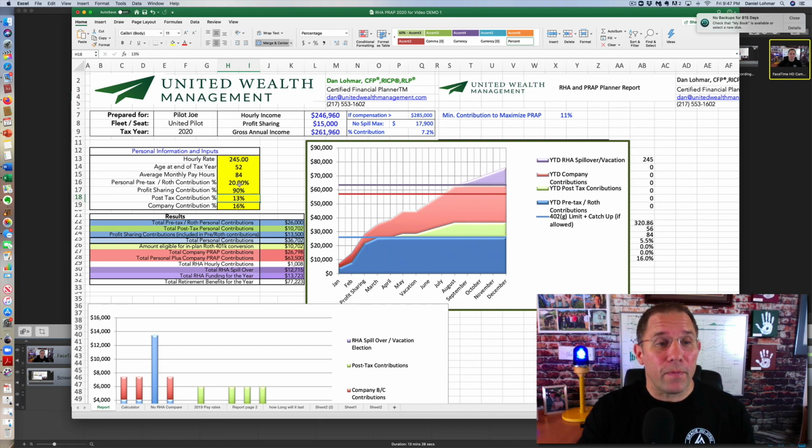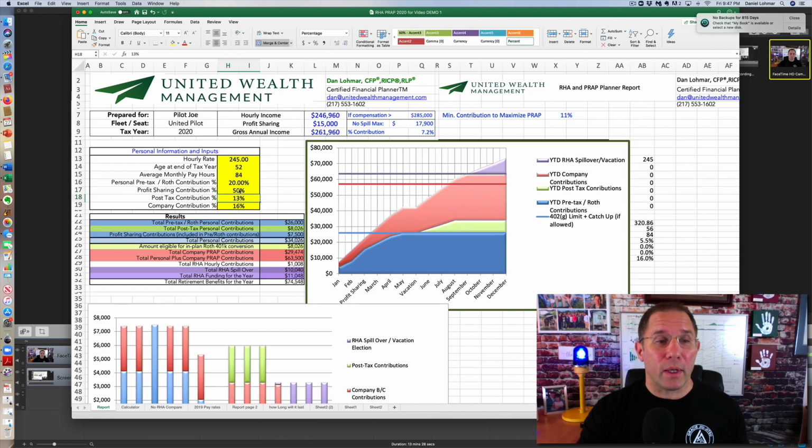But this is a fairly typical contribution example where they're putting in 20% pre-tax, maybe a good portion of their profit sharing. We could even use 50% of it, not quite the full thing, and then 13% post-tax. So this would be a situation where you're going to start to get some spillover on a little bit more regular basis without trying. So if you didn't want it, something to be heads up for. You might change your contribution strategies there.